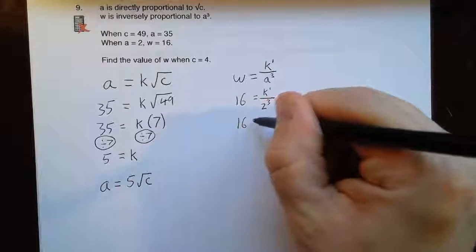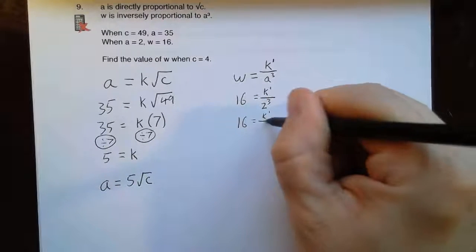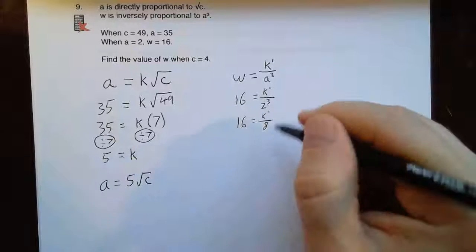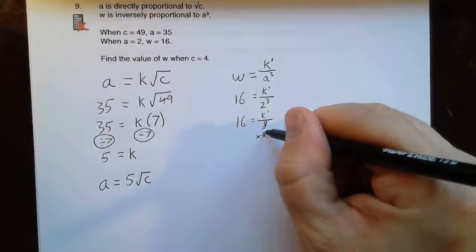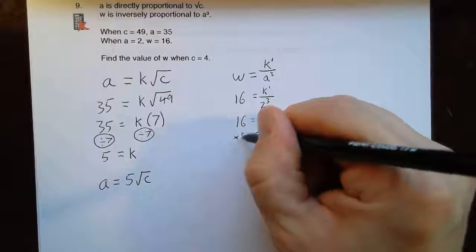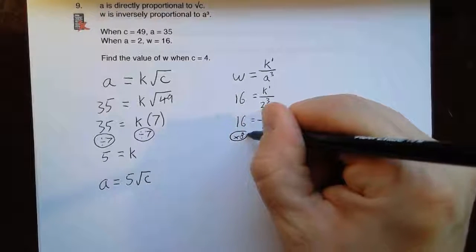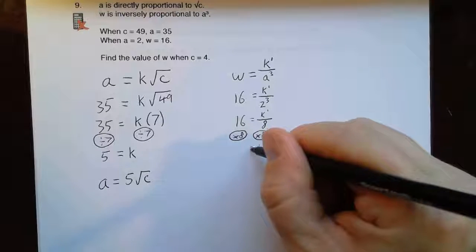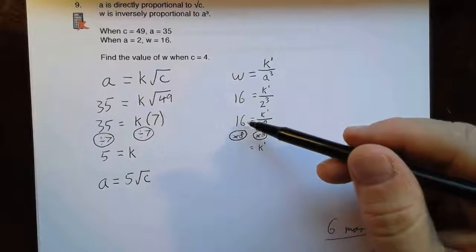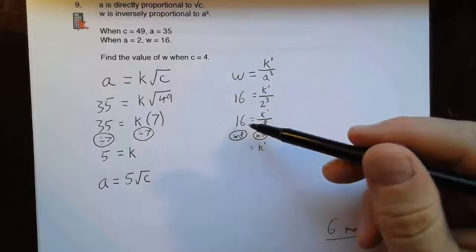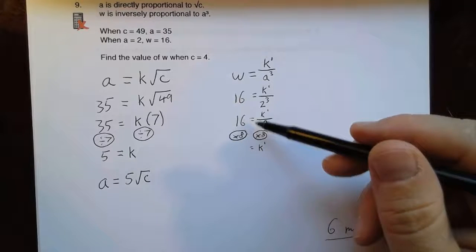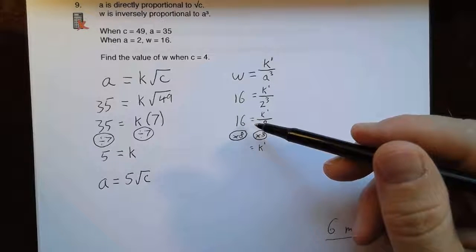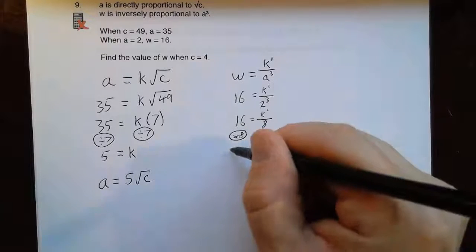So 16 equals k dash over 8. So if I times both sides by 8, I get k dash here, and on this side 8 times 16. Well, 8 times 10 is 80, 8 times 6 is 48, so 128.